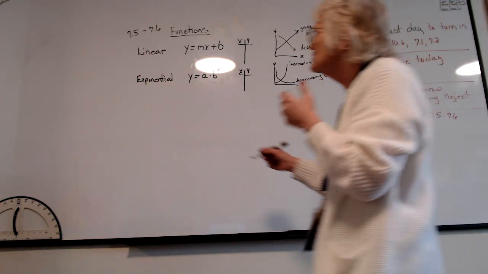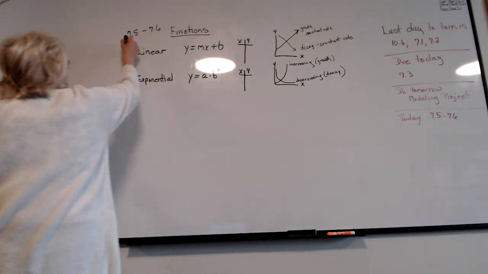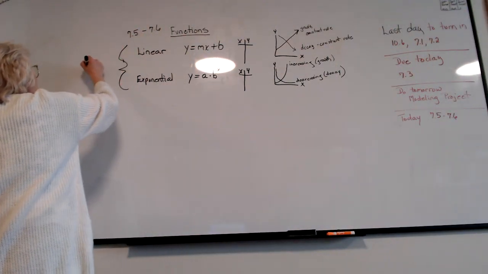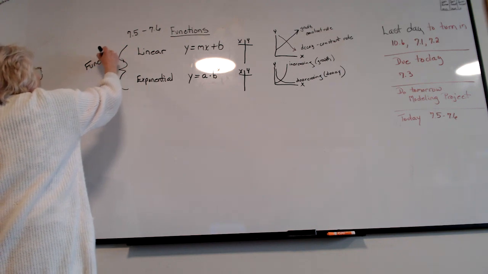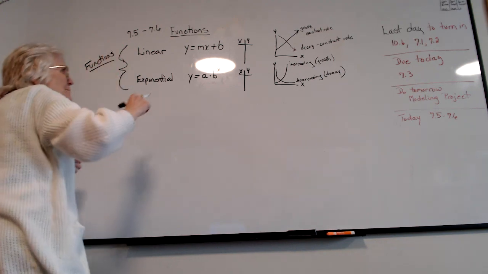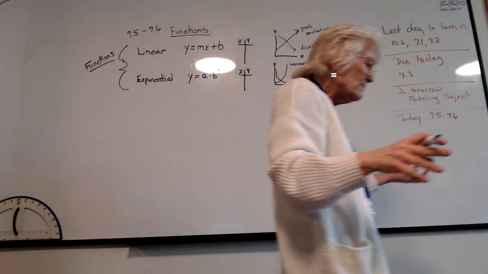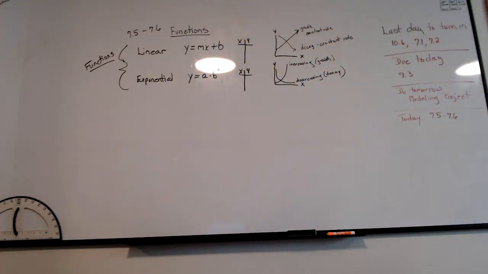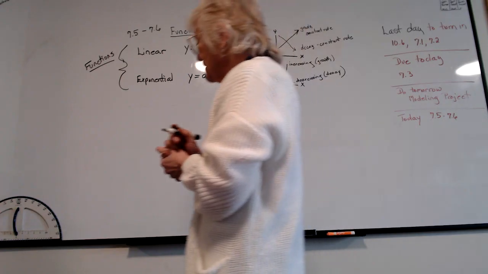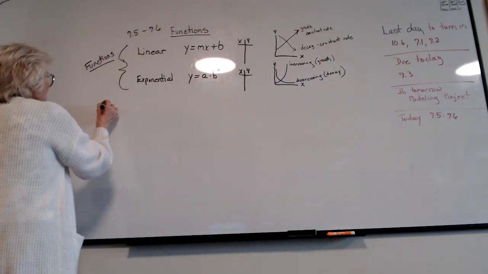These are functions. Okay, so we've had familiarity with functions. We've worked with them. We have made models for them. We have done a whole bunch of stuff with working with these. Okay. So what a function is. This is what a function is.